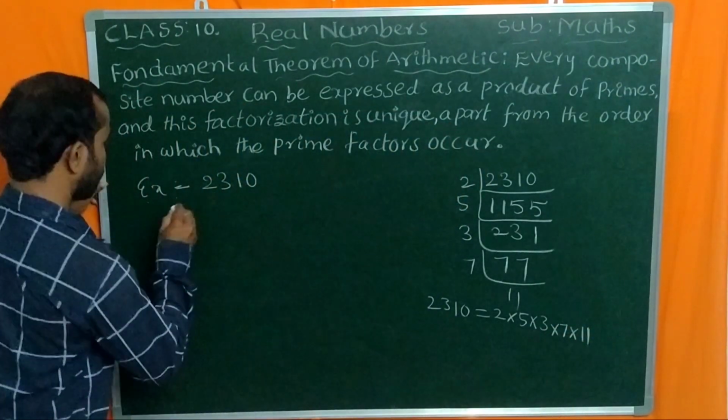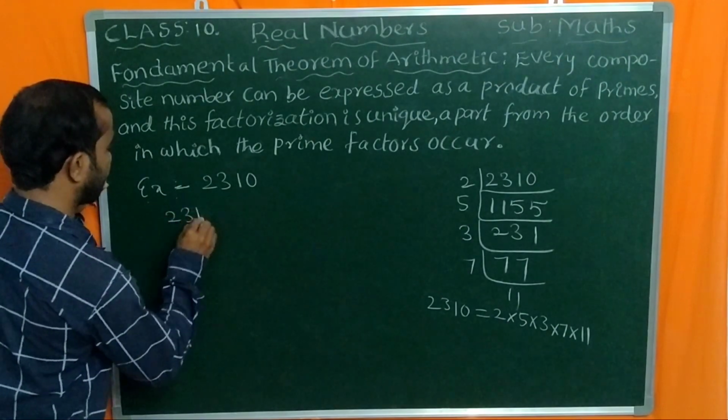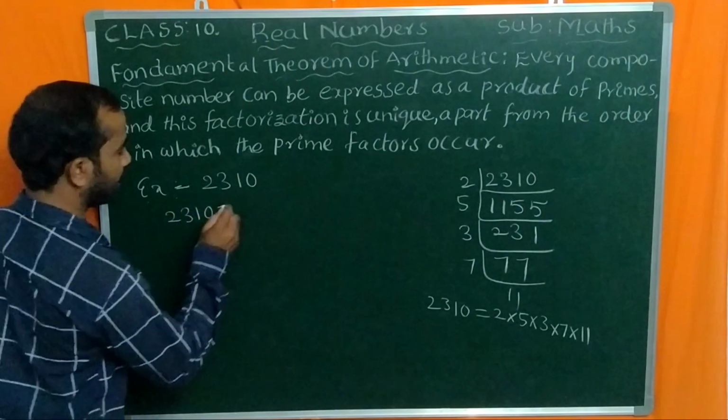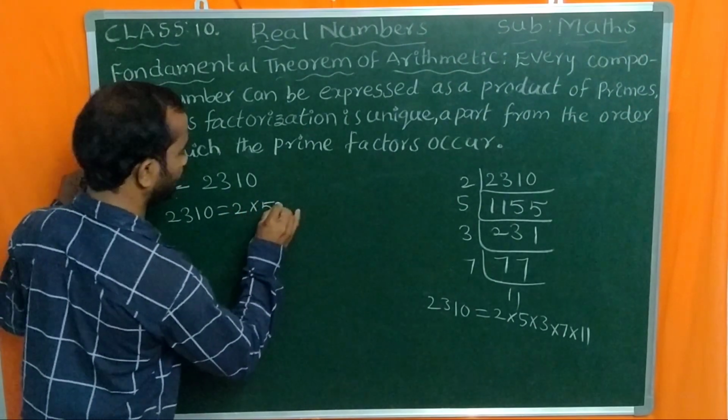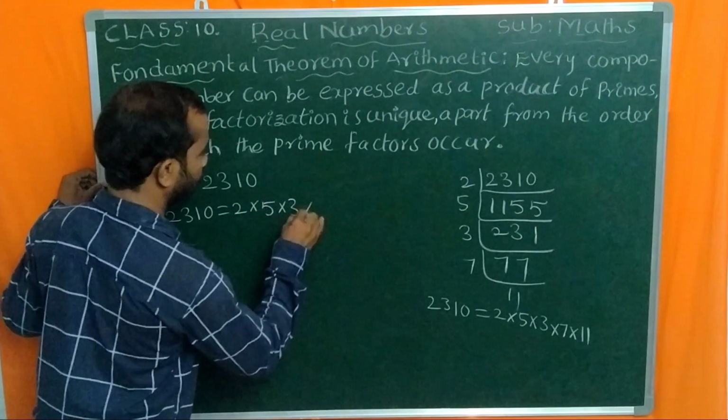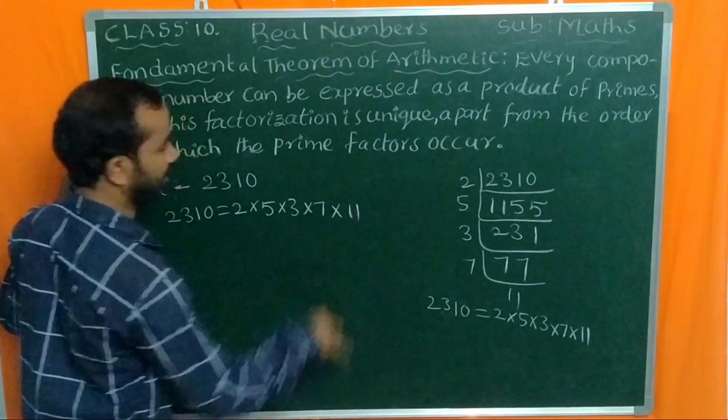So 2310 can be written as 2 into 5 into 3 into 7 into 11.